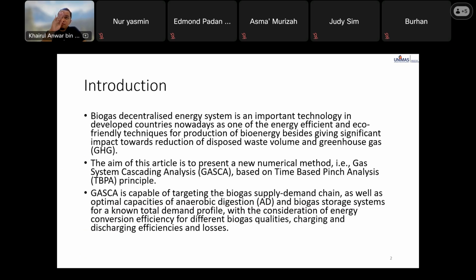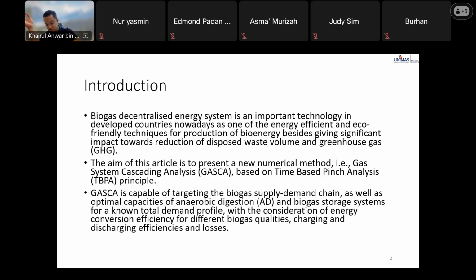instead of focusing on one demand, like we collect the biogas from this agriculture sector, instead of using it for one application like cooking gas, there can be several other applications.